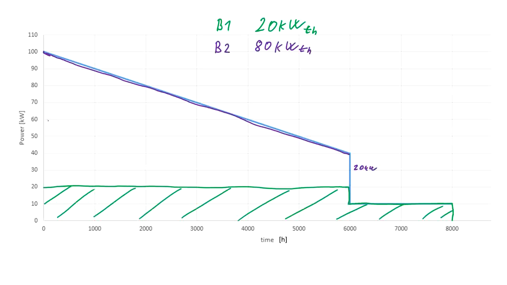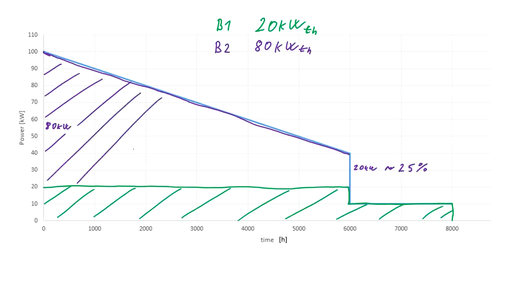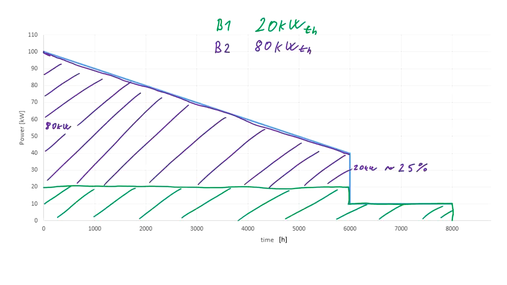It's 20 kilowatts, here would be the 80 kilowatts. So this is 25% of the power output, but only for a very short period of time. So this is one possibility.